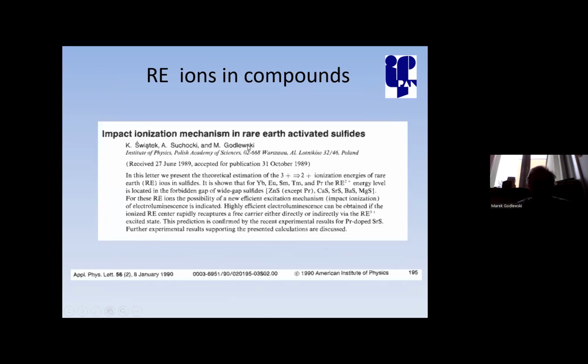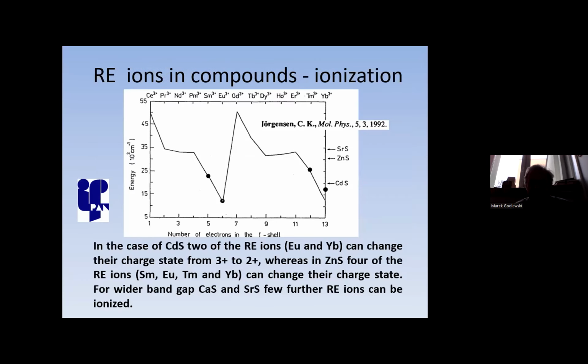So actually, this is our report. And we say that we can have this mechanism, and we can predict where this level is and what kind of energy we need. To calculate it, we also use the so-called Jørgensen model to get this kind of two zigzag curve you can see here.